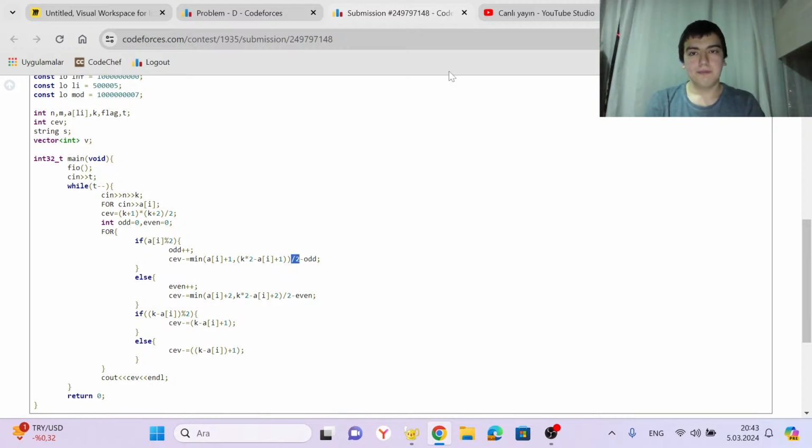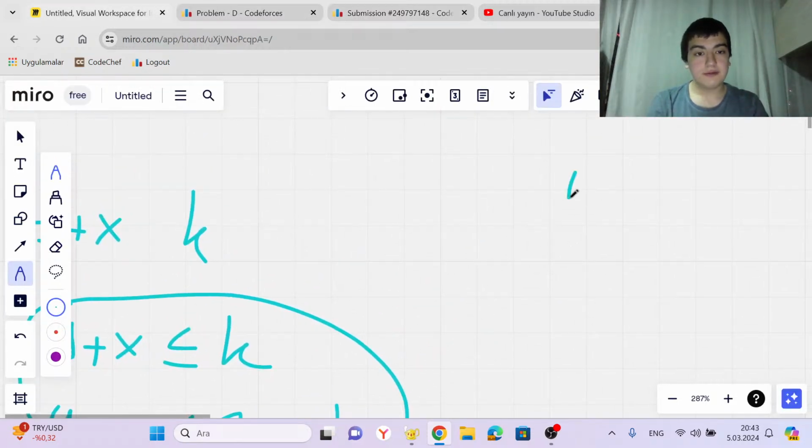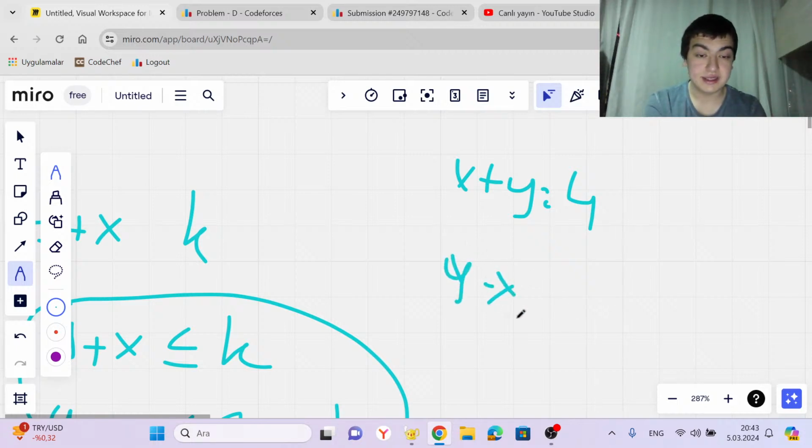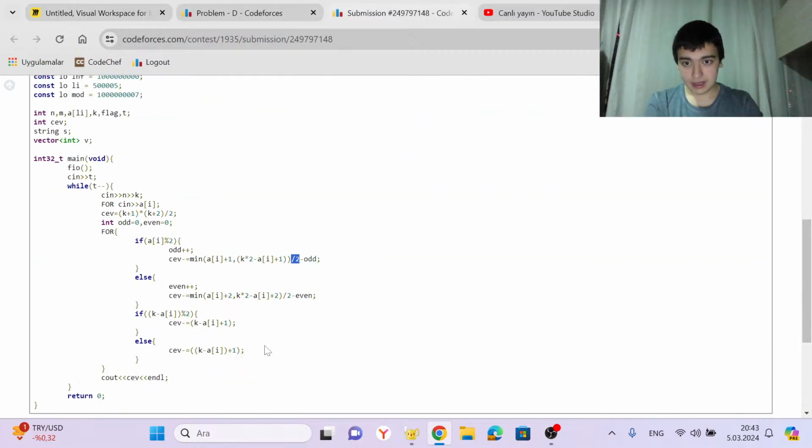Because if x plus y is 4, then there are two even numbers that y minus x can be. It can be 0, 2. Sorry, we said odd, 3. It can be 0, 1 or 3. So there are only two options. So I'm adding 1 and dividing by 2 to find the number of odd numbers that y minus x can be.